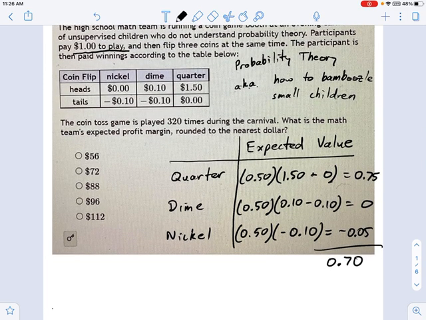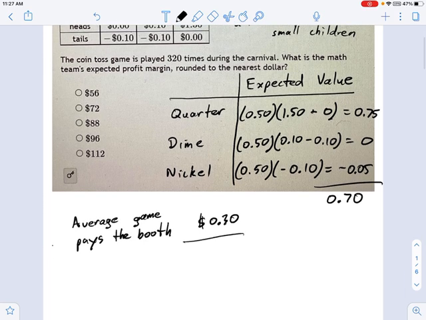So that means the average game goes like the following. This pays the booth 30 cents, because you won 70 cents, it cost you $1 to play. Now, bear in mind, this is average. There are going to be some games that are big wins, some games that are big losses, but overall, this is what it turns out to be.